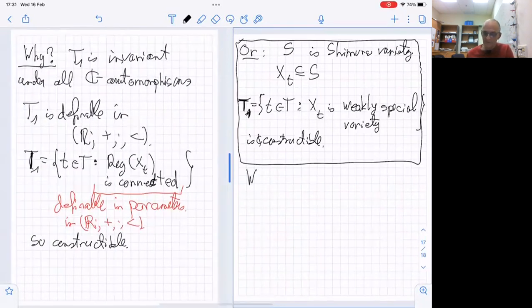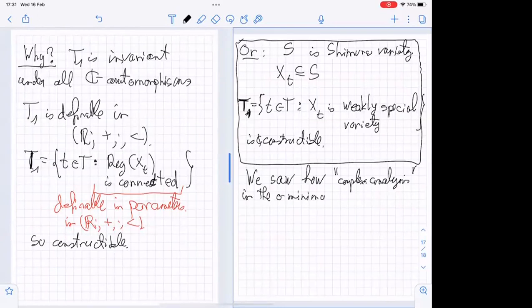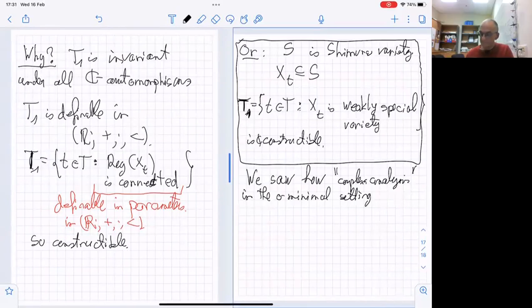We saw how complex analysis in the o-minimal setting can be useful to prove, let's call them in general, algebraicity results.